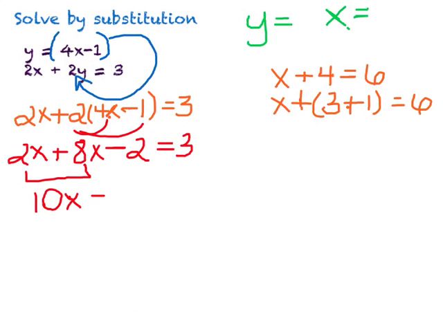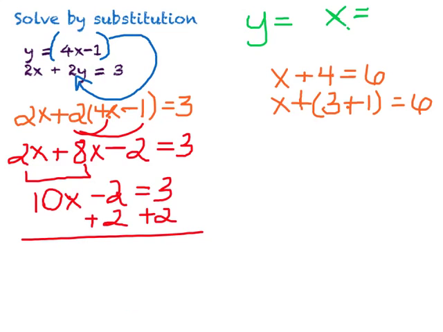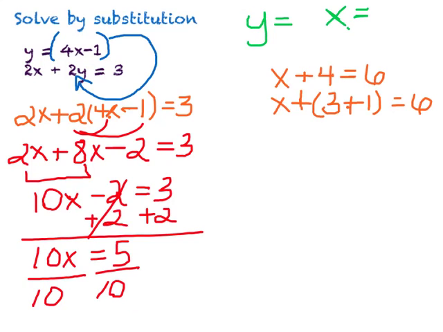Then minus 2 equals 3. Now this is a two-step equation, so we're just going to add 2 to both sides. Drop down the 10x. My 2's cancel. That equals 5. Divide both sides by 10. Those cancel. And I get x equals 1/2.